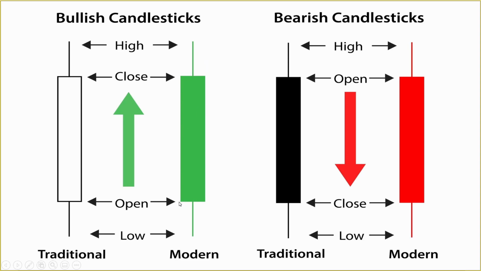What is also possible is that it opened here, went up a little, went down to the low, went up to the high and to the close. So basically a lot of things can happen with the price within this one candlestick, but the one thing we know for sure is that it opened here, closed here, and within this time frame that the candle is based on, it went up here and it went down there.